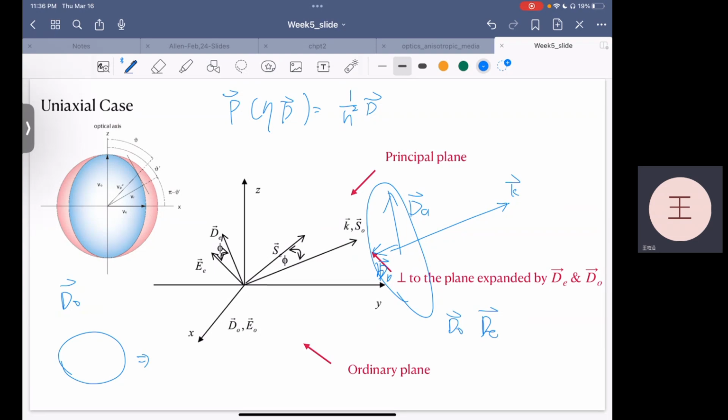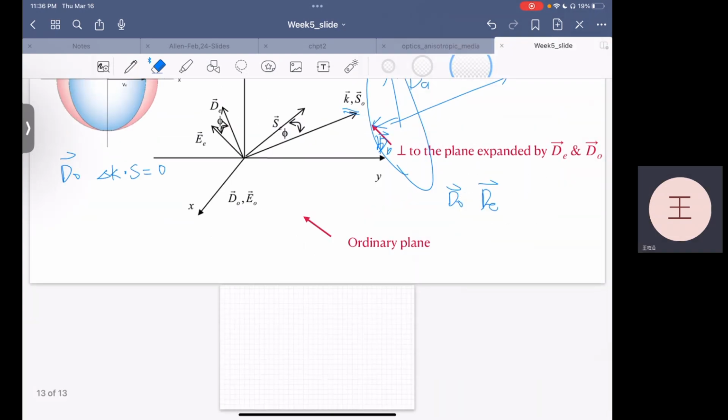Thus, it's actually just the isotropic case. So we will see that in that case, the k is parallel to the S_O. Why? Because we can show, also without proof, that delta k dot S equals 0, which suggests that given a k surface, the S will be along this direction.